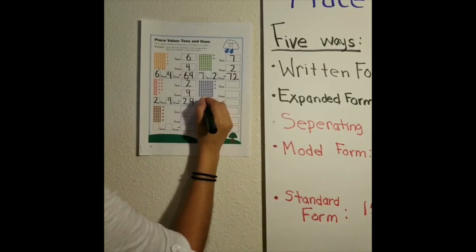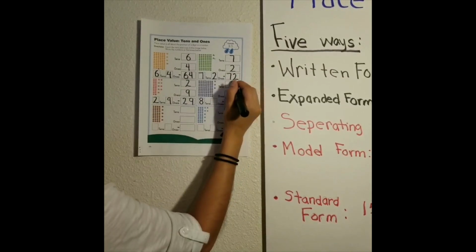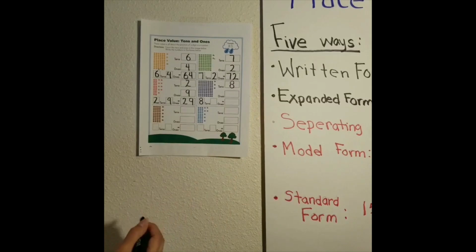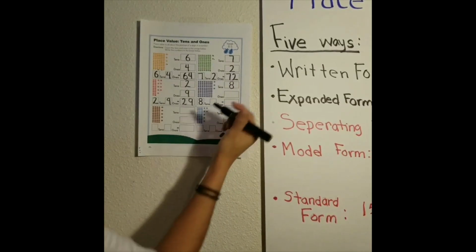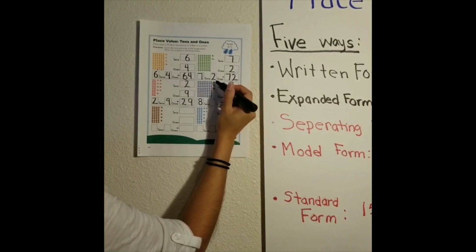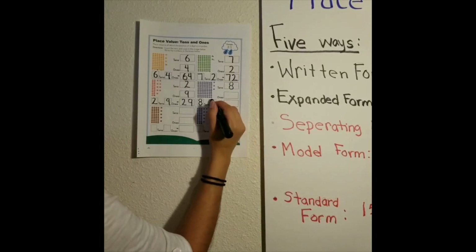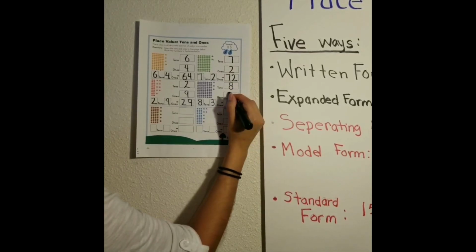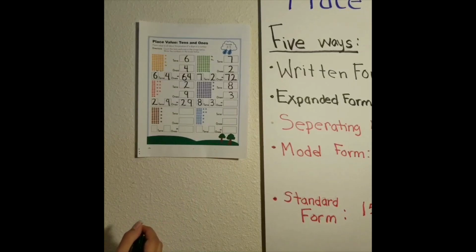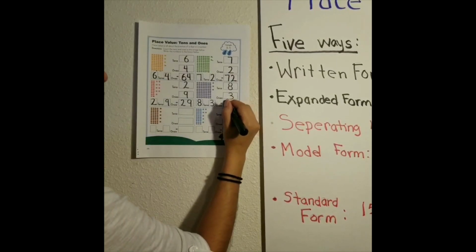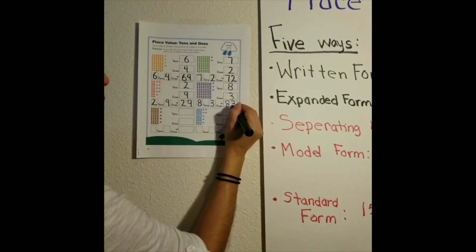So I have 8 tens in that spot. Let's check how many 1s we have. 1, 2, 3. I have 3 ones. So in our standard form, we're going to put it together. We have 83.